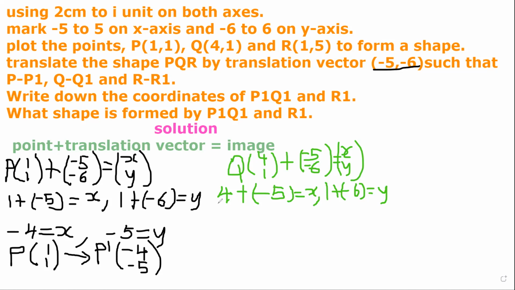So here, the +4 will be used to reduce the -5.